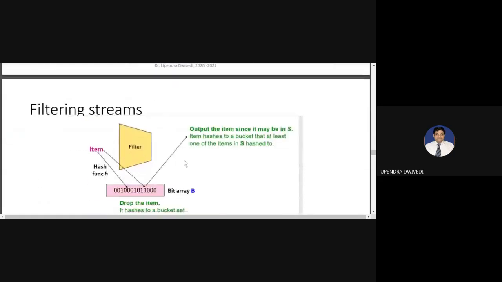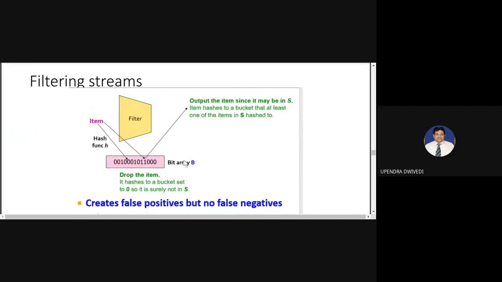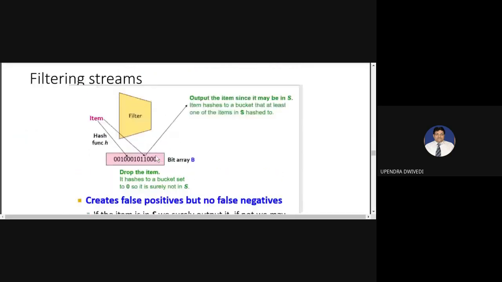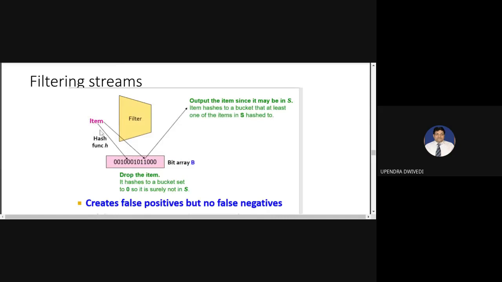Now, we can go to this picture. Here you can see we are taking the item, which can be your input here, and we are applying the hash. After applying the hash, the third, 4th, 5th, 6th, 7th locations are marked as 1, because these values are the output of the hash on this input.